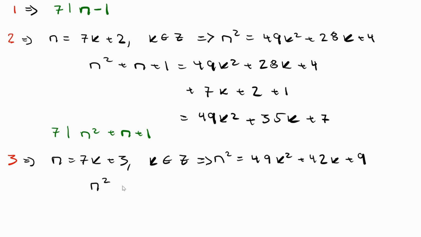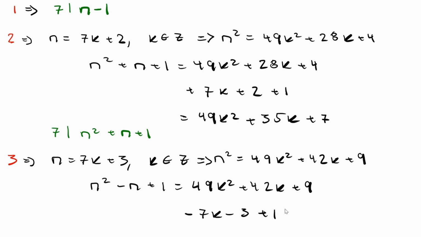And we remember that one of our terms was n squared minus n plus 1, and this one equals 49k squared plus 42k plus 9 minus 7k minus 3 plus 1.